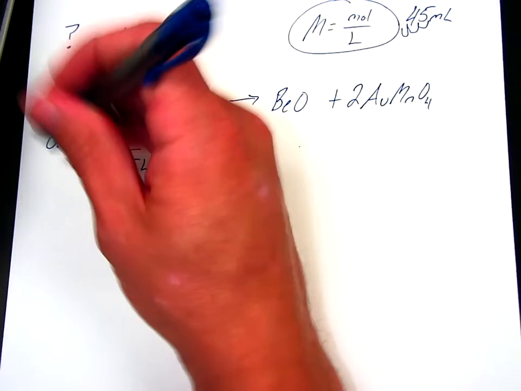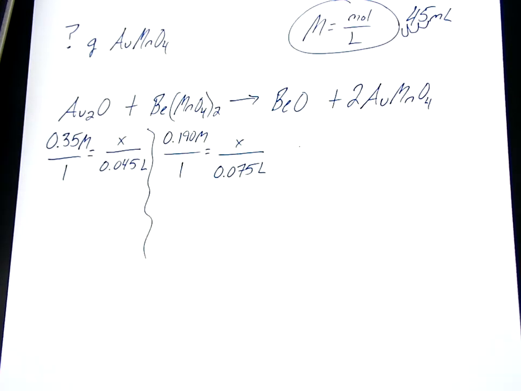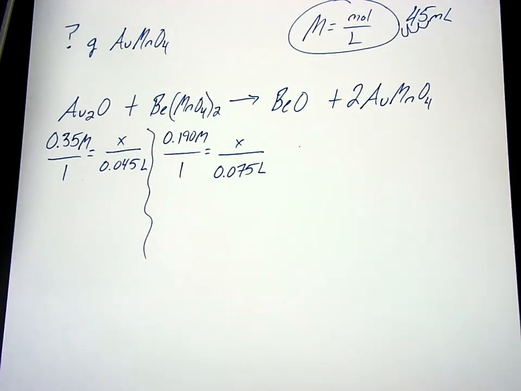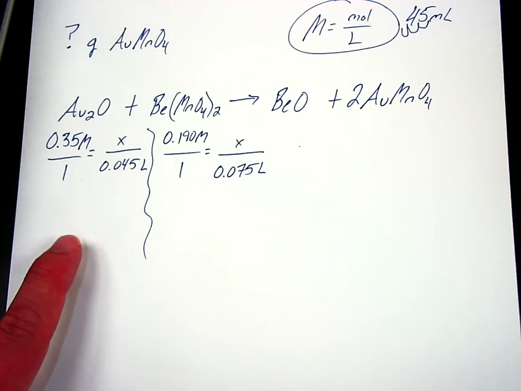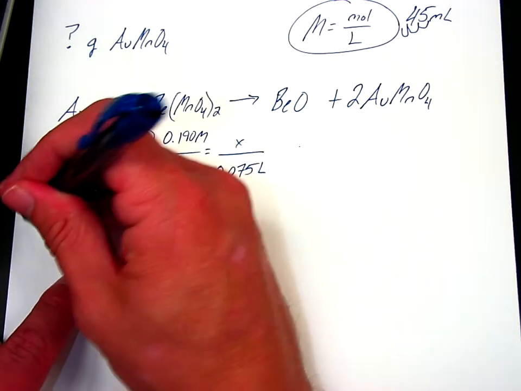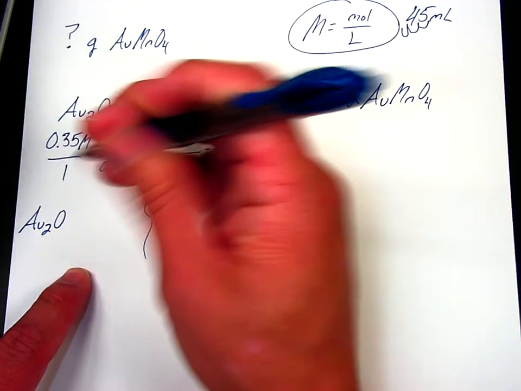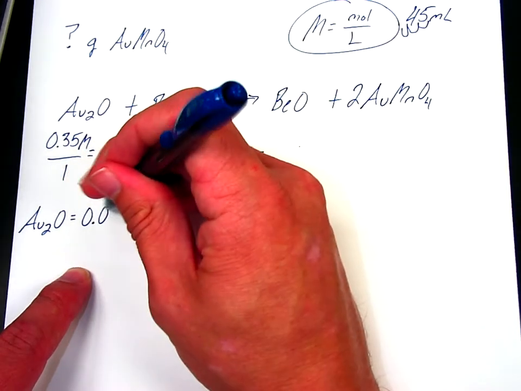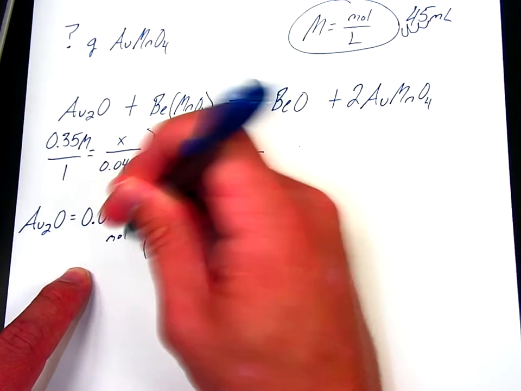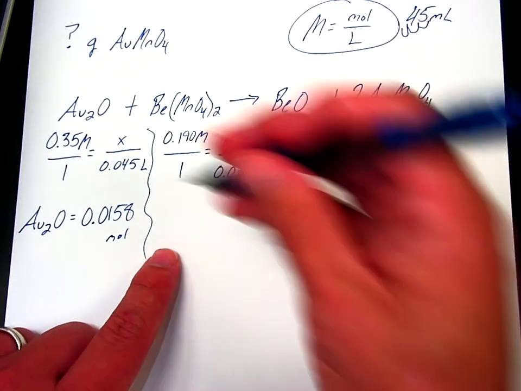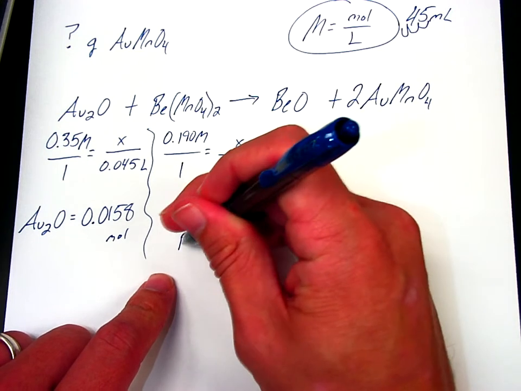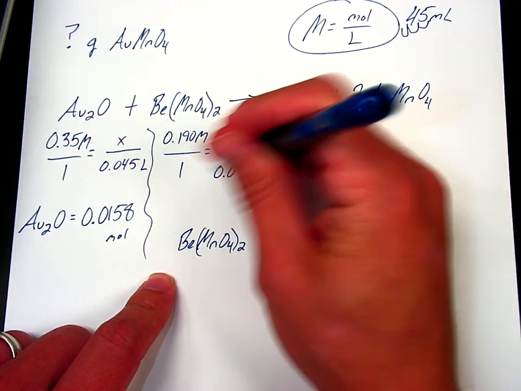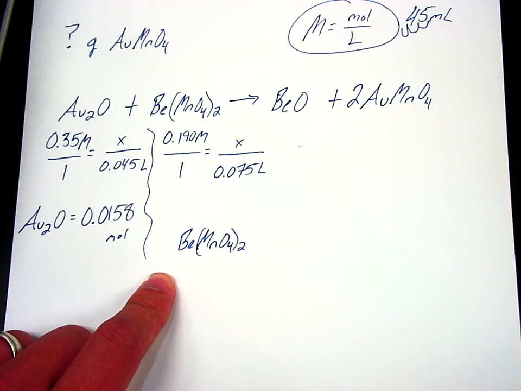You can put the molarity over the whole number 1 and cross multiply. And when I type that into the calculator, I'm going to see that my mole count for the Au2O is going to equal 0.158 moles. And my mole count over here for beryllium permanganate, when I solve for x there, is going to give me 0.0143 moles.